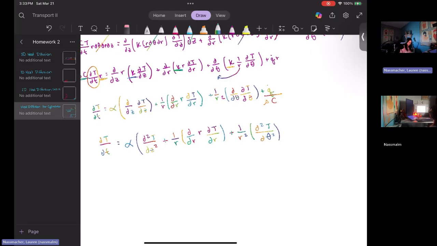And last but not least, add our heat flow and divide that by our density and our heat capacity.